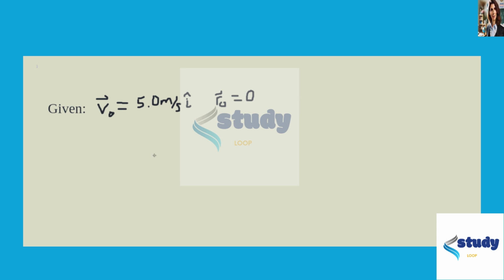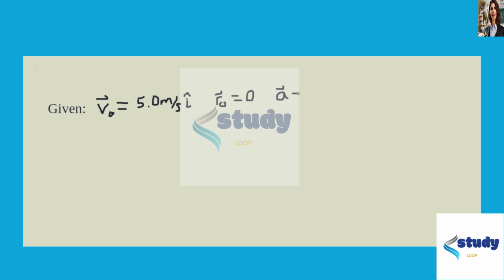And I also wrote what we were given, which was that the initial velocity is 5.0 meters per second in the positive x direction, which is i hat. And the initial position is the origin, which is just 0 for the x and y coordinates here. Okay, and then another thing we're also given is the acceleration. So I can go ahead and write that out.